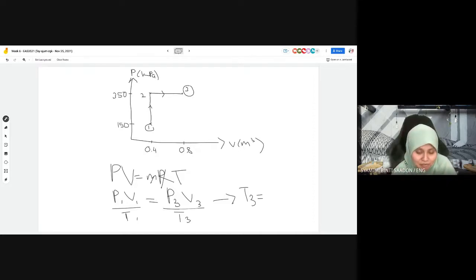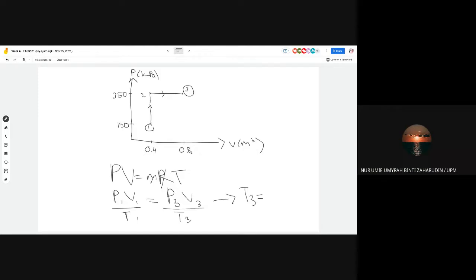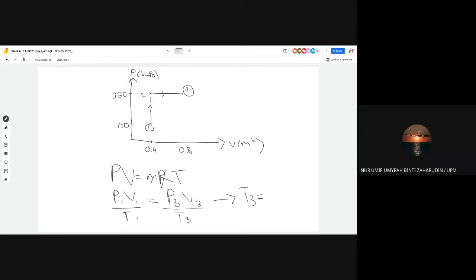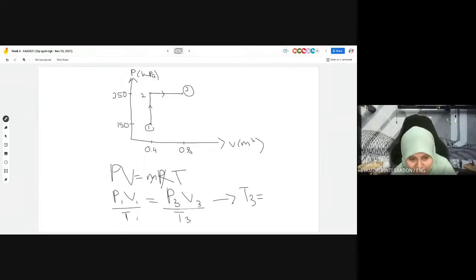P3 is 350 kilopascal, the pressure. Temperature T1 is 300 Kelvin. Okay, I made a mistake. 1,400 Kelvin, doctor. Yes, 1,400. I think this one is easy, everyone try to calculate 1,400 Kelvin.